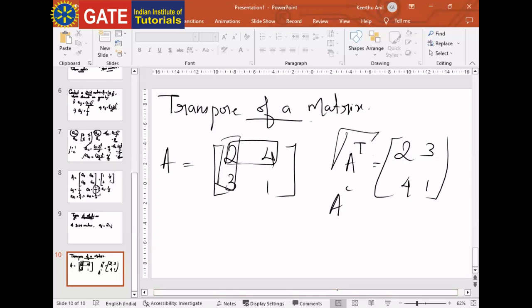Generally, I think this would be used more. So clear with this? What is transpose of a matrix? Is it clear, children? Can we start doing questions? Yes, ma'am.